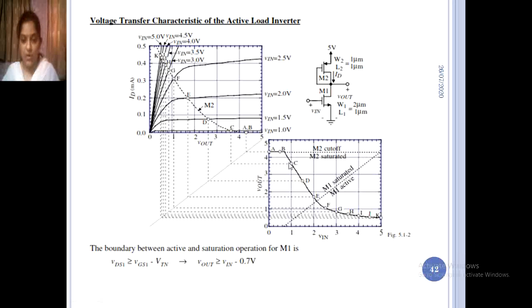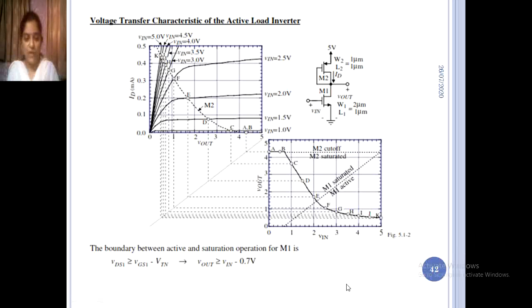The dotted line shows the alternate action of M1 and M2. For this line, M1 is in the saturated region while M2 is in cutoff. For the next line, M2 is in the saturation region and M1 is in the active region.